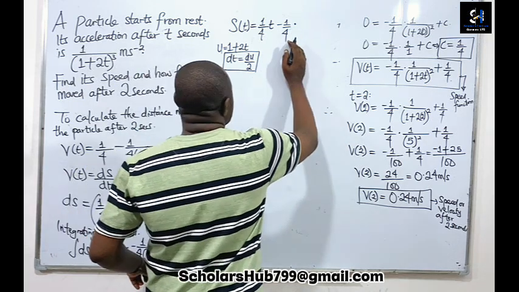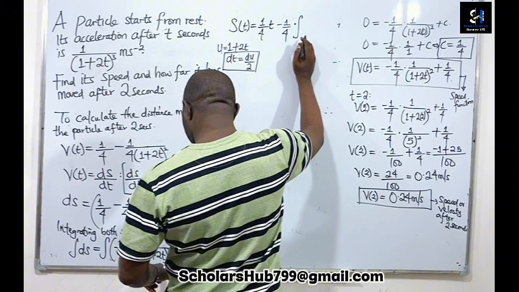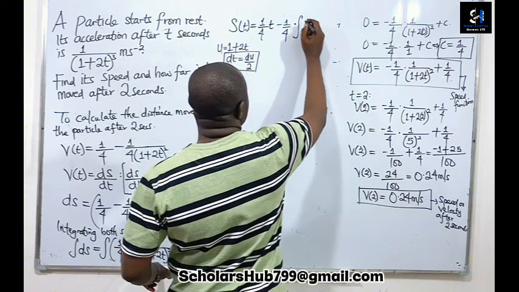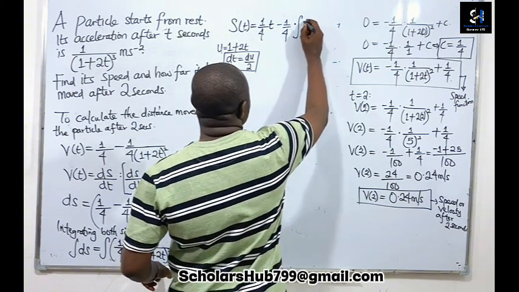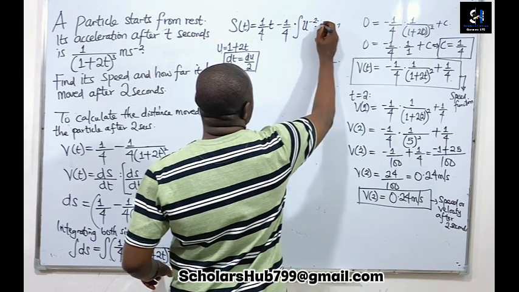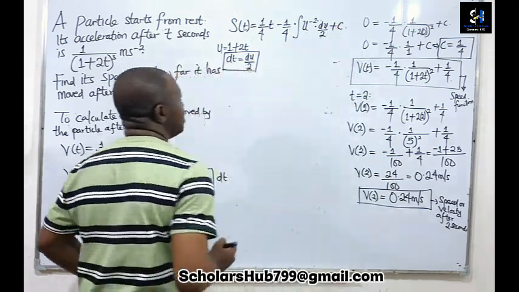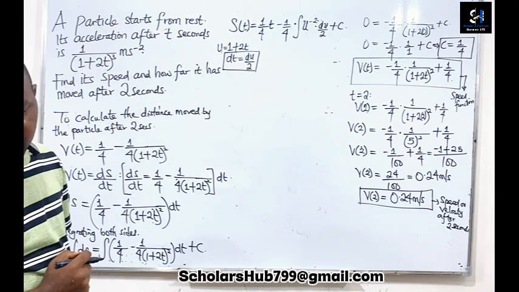So this is going to be the integral of u raised to the power of minus 2, multiplied by du/2, plus the constant of integration.